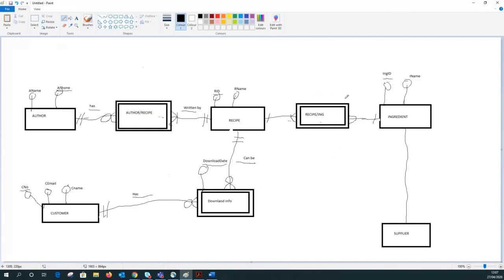Then what is the primary key for the recipe ingredient? So we need to know which ingredient is used by which recipe. So that means I need to take the recipe ID from this side to the right side, as well as ingredient IDs from the right side to the left side. Okay, so these two attributes come there. And then what else do I need to record in recipe ingredient?